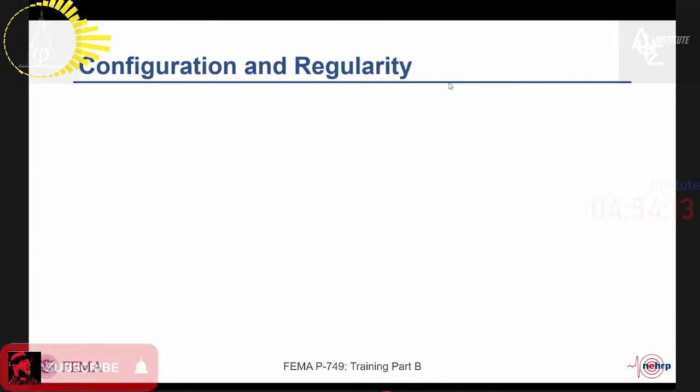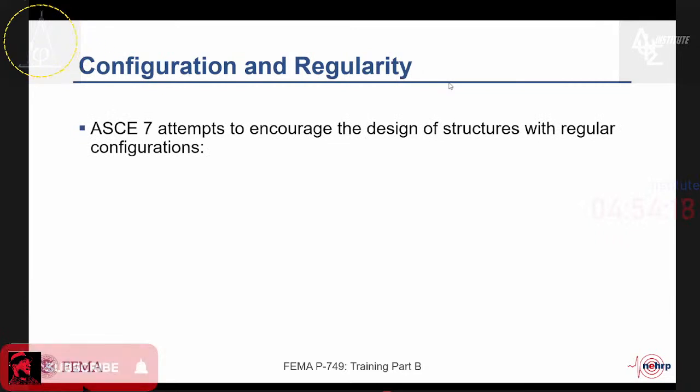Configuration and regularity, as I said earlier, is an important consideration in seismic design. ASCE7 attempts to encourage the design of structures with regular configurations, basically by forcing you to design for larger seismic forces if you have irregular structures.